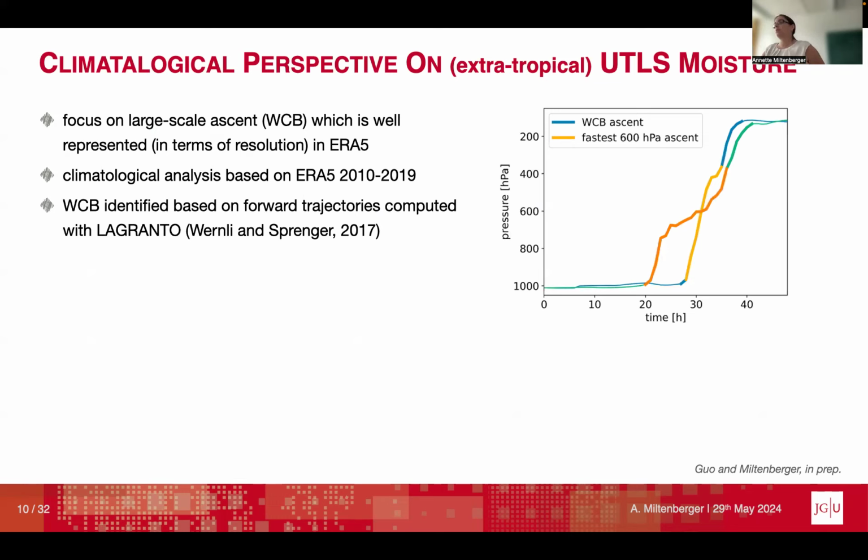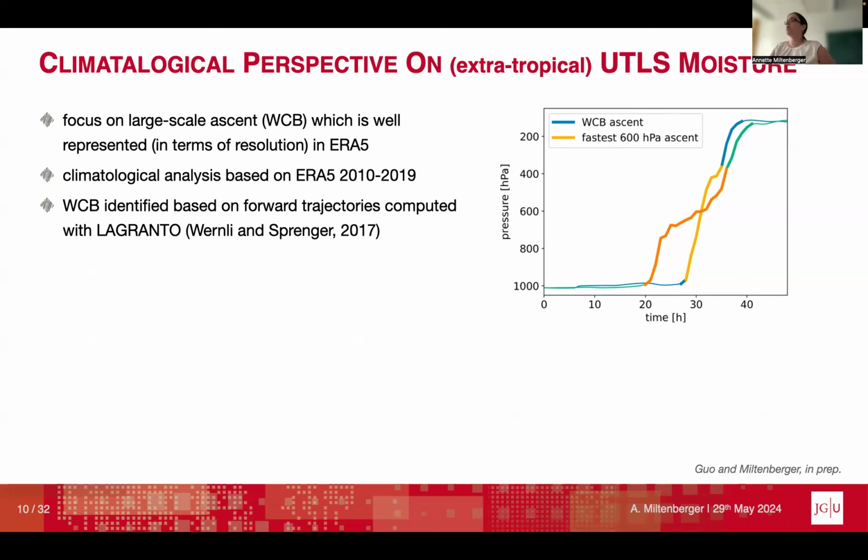What we do with this is compute forward trajectories and then look at large-scale ascent. Large-scale ascent is defined as air parcels ascending at least 600 hectopascal in 48 hours, and they also have to occur within the vicinity of a surface cyclone. So on the right-hand side, you can see two exemplary trajectories that do this ascent from the planetary boundary layer to the upper troposphere.